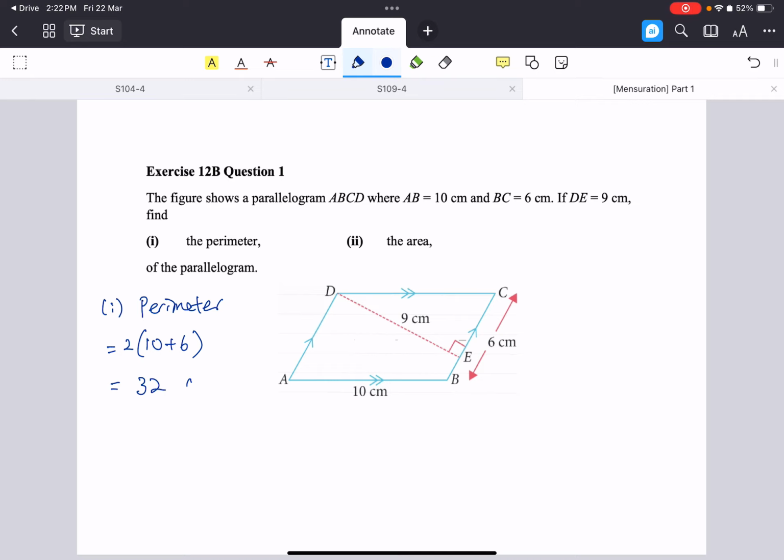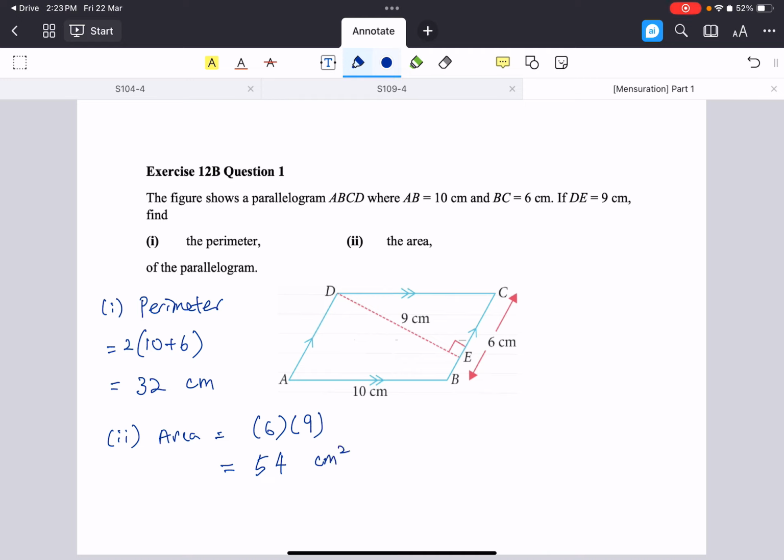Don't forget the units, 32 centimeter. As for the area, the area is going to be the base. In this case, we'll use 6 because the perpendicular height that we have is 9. So that will give us 54. Use the correct units, and the units here will be square centimeter.